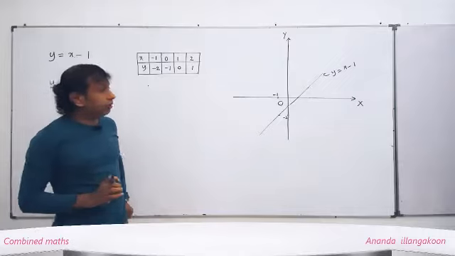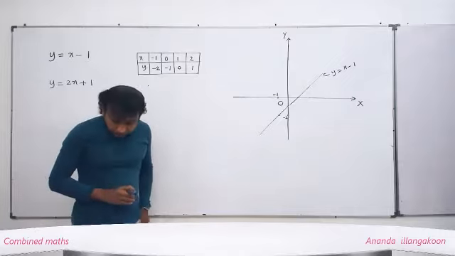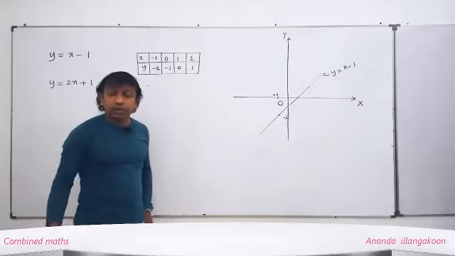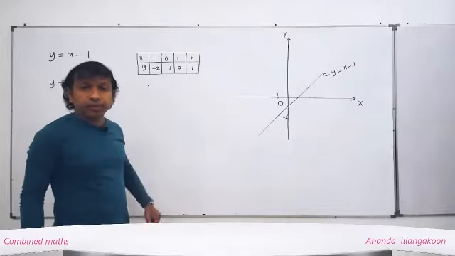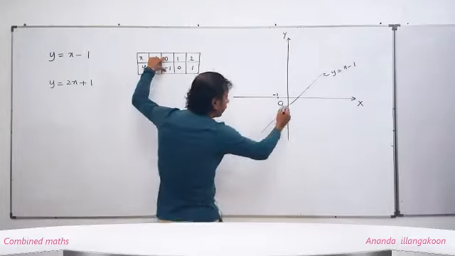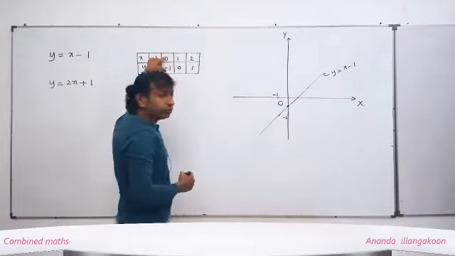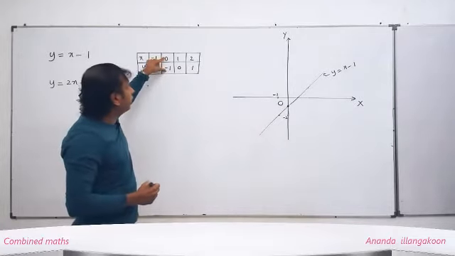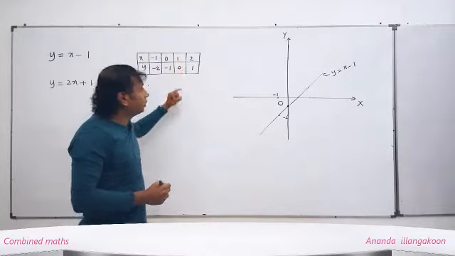People, now suppose, in drawing this straight line, we have one point here when x equals 0, y minus 1, this point. And the other one, x equals 1, y 0, this one.